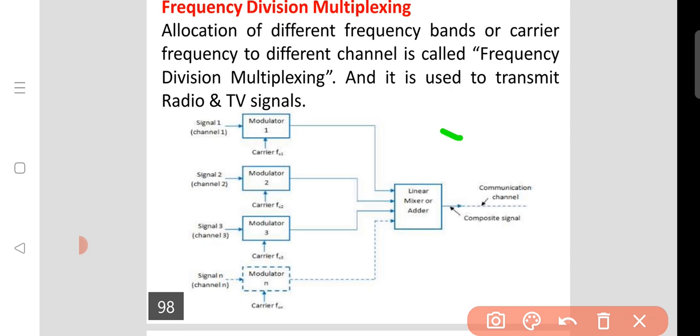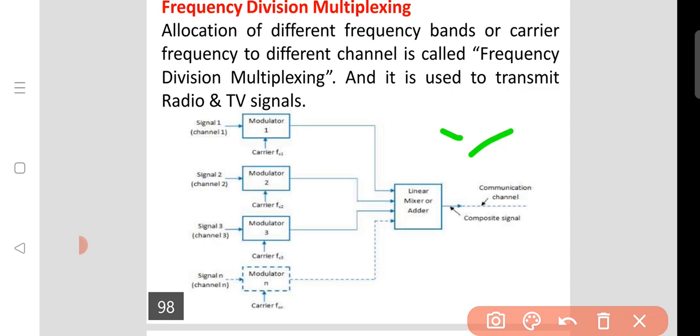You just understand what frequency division multiplexing is: our modulated signal passes through a line, and in that line the entire bandwidth is divided into different frequency slots. So using this technique, we accommodate different channels without interference.